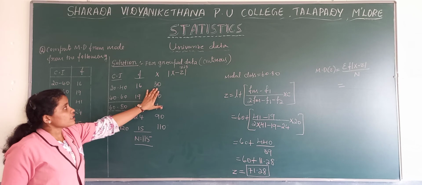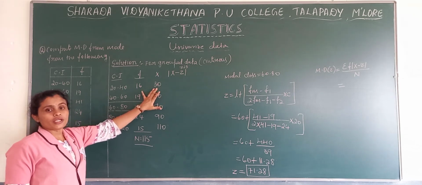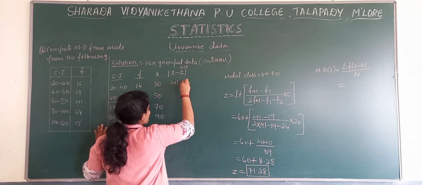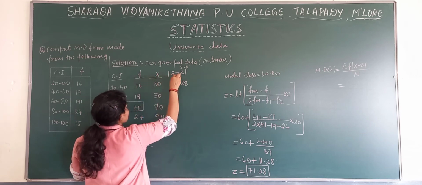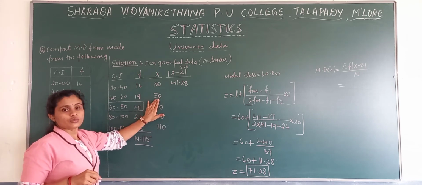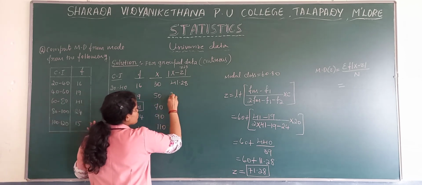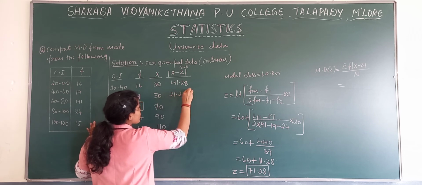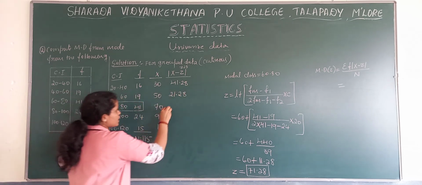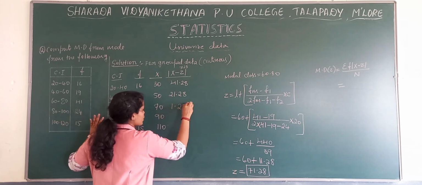Now x, 30 minus 71.28, we get 41.28. Next 50 minus 71.28, we get 21.28. Next 70 minus 71.28, we get 1.28.